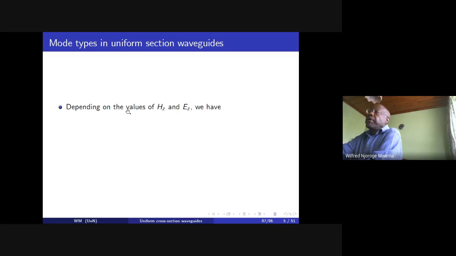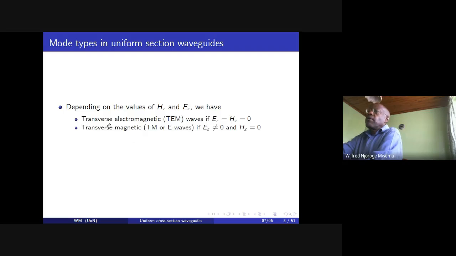Now, depending on the values of Hz and Ez, we can have transverse electromagnetic waves, TEM, when Ez and Hz are equal to 0; transverse magnetic, or TM or E waves, if Ez is not equal to 0 and Hz is equal to 0; and transverse electric, or TE or H waves, where we have Ez equal to 0 and Hz not equal to 0.